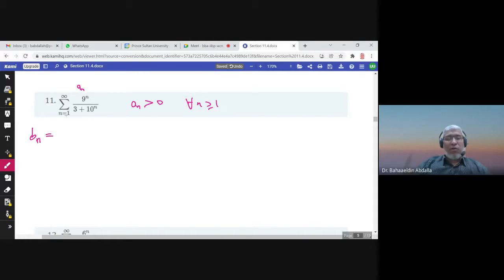Well, when n goes to infinity, think of the important terms here. 3 is a fixed number, but 9 to the power 1000, 10 to the power 1000. So these terms really control the fraction. And this is (9/10) to the power n, a geometric series with r equal to 9 over 10, less than 1. So it's convergent.